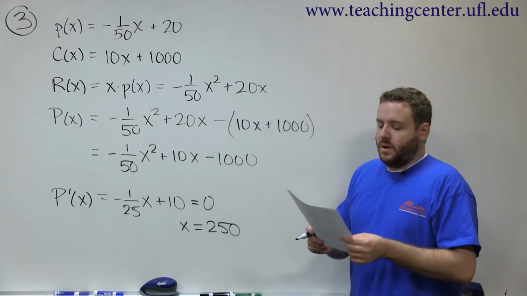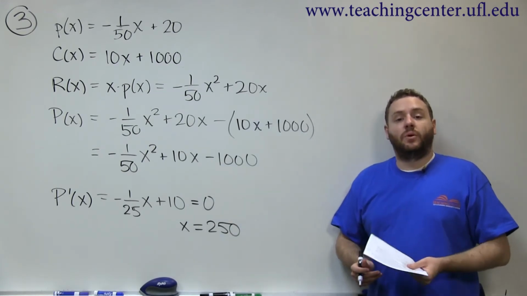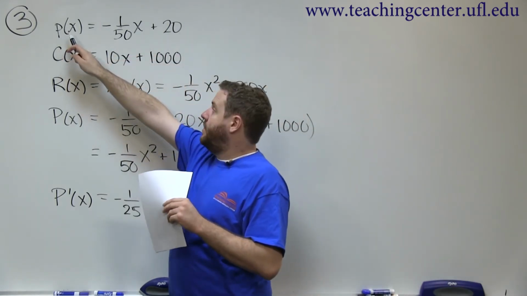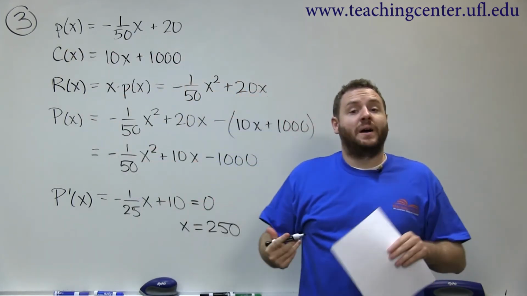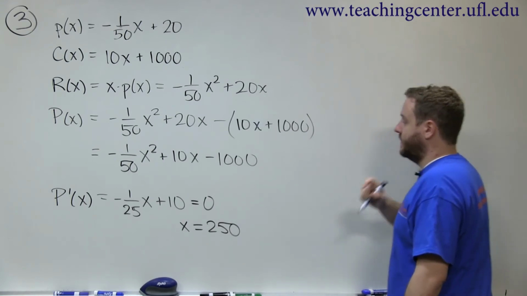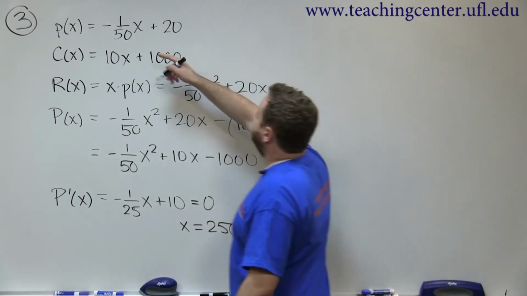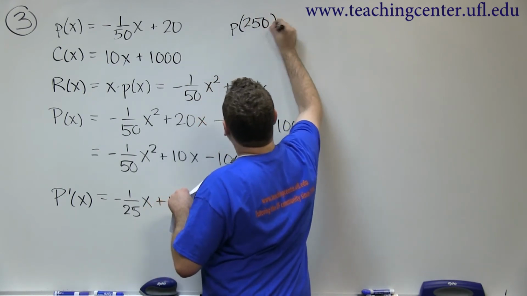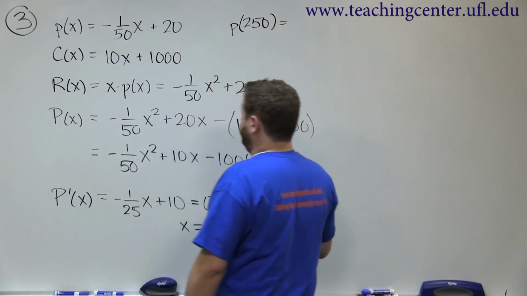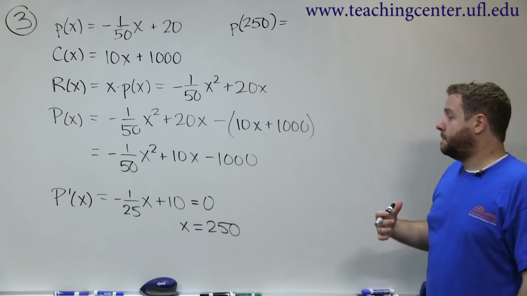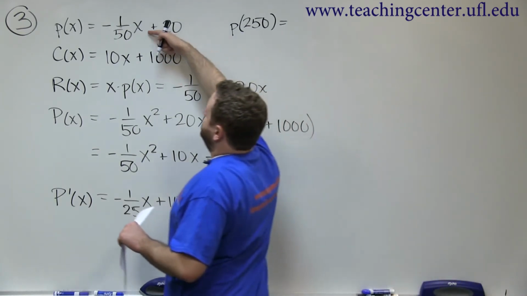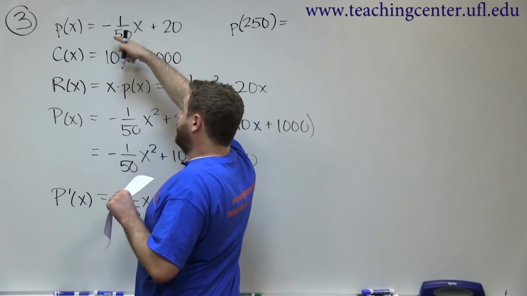Part B said, how much should we sell the item for? Well, that would be the price, which is here. But since we know x now, we can plug that in and find the price. So we want little p of 250. That gives us the price per item if we sell 250 items. 250 divided by 50 would be 5.